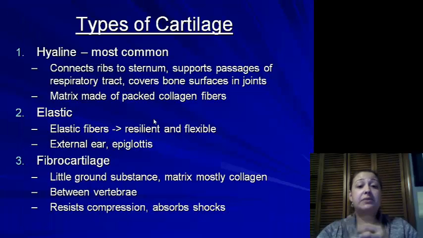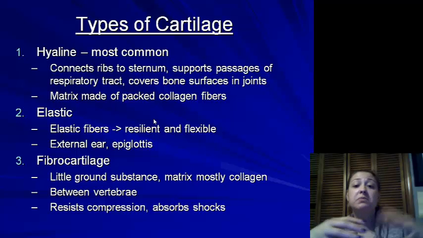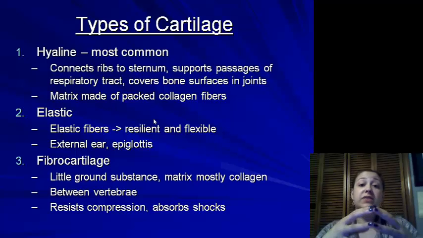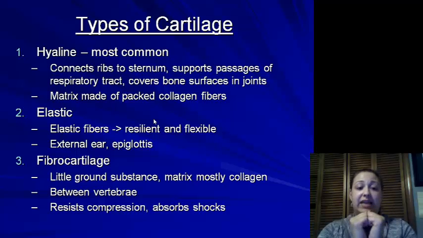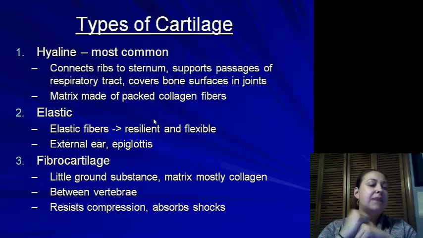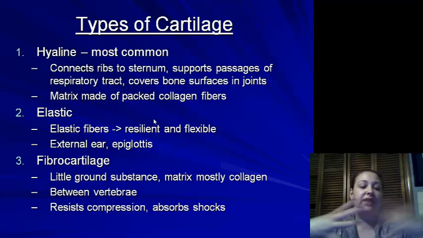There are three types of cartilage. Hyaline is the most common. It connects the ribs to the sternum, supports passages of the respiratory tract, and covers the bone surfaces and joints, and the matrix is made up of packed collagen fibers. Our second type is elastic. The elastic fibers are resilient and flexible.